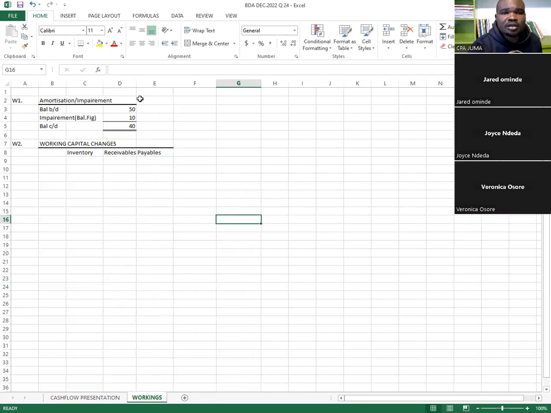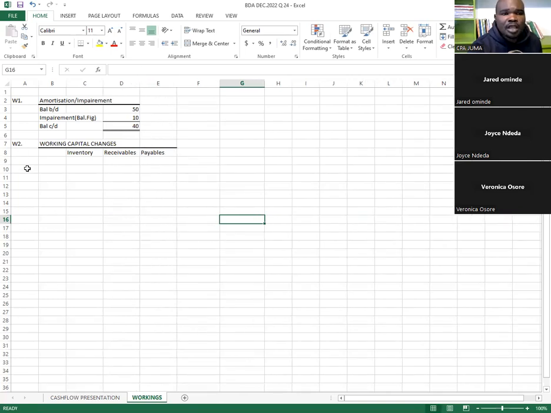Yes, those ones there. So now, what are you trying to check? We are trying to check increase or decrease in the working capital components. So how will I get increase or decrease? I will check the balance brought down, then in between will be increase or decrease.